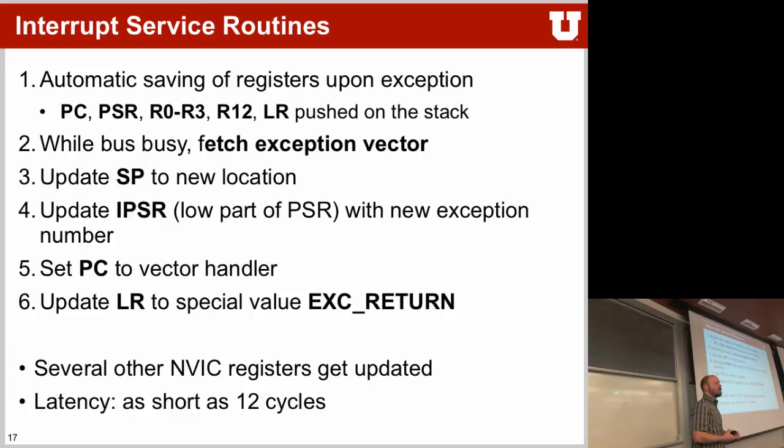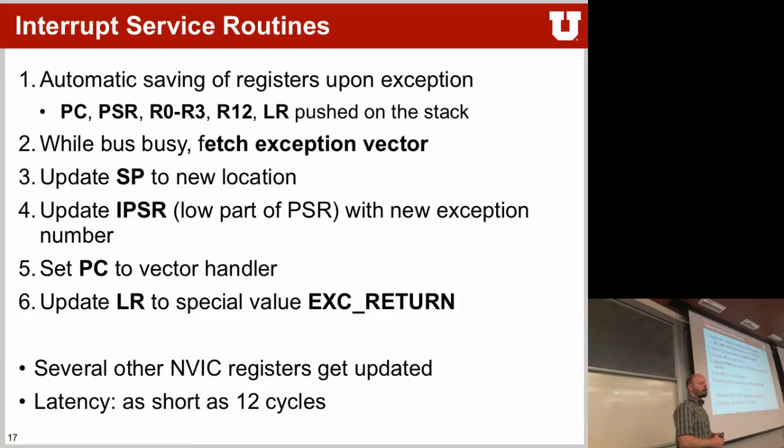The nice part is the Cortex M3, or the NVIC, actually takes care of that. As soon as an interrupt appears, this is what's going to happen. It automatically saves the program counter, the status register, R0 through R3, R12, the stack pointer, and the link register. And it actually puts this automatically on your stack for you.